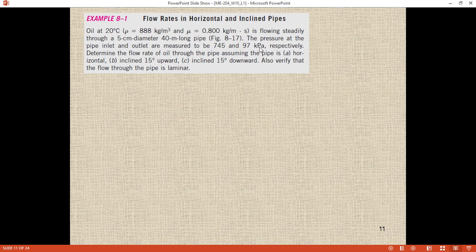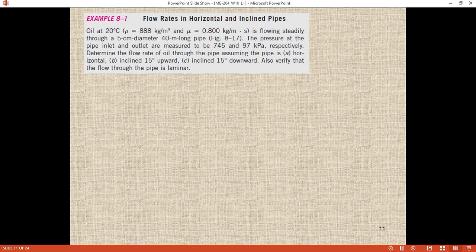We determine the flow rate of oil through the pipe assuming the pipe is horizontal, inclined 15 degree upward, and 15 degree downward. Also verify that the flow through the pipe is laminar. So we also have to determine that the flow is laminar.